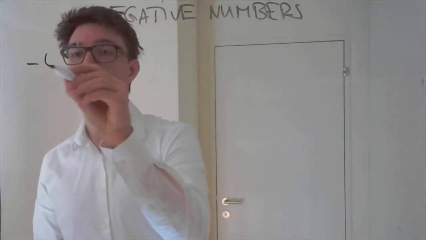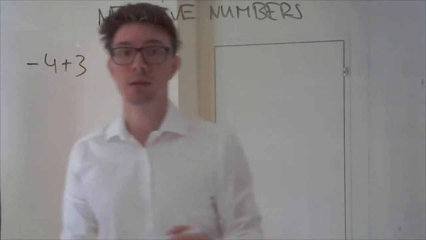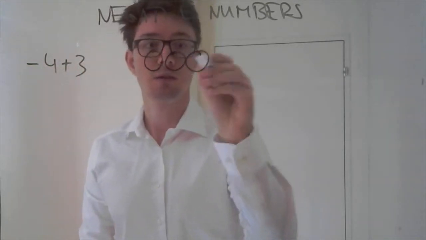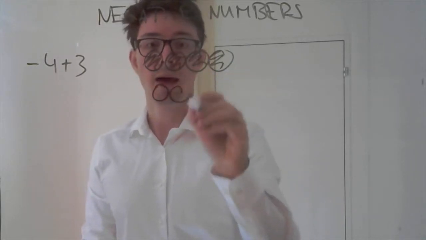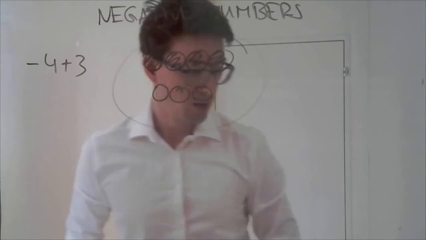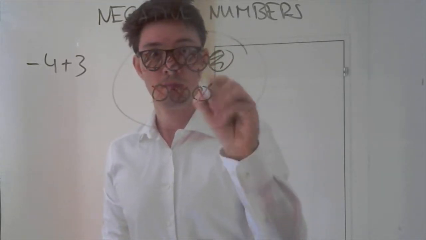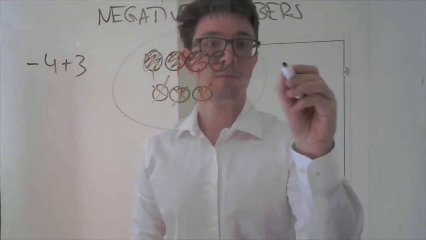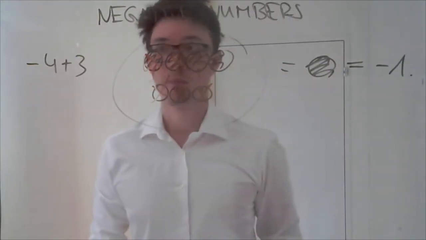When we ask, for example, minus 4 plus 3, what is this? Well, these are 4 antidots. We add 3 dots and we cancel. And we are left with a single antidot that is negative 1.